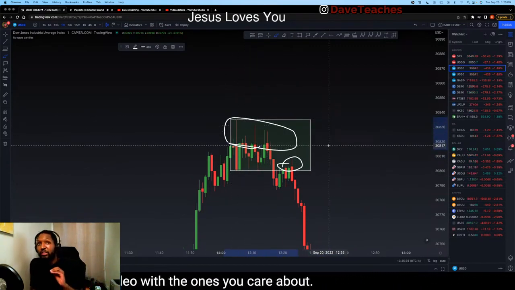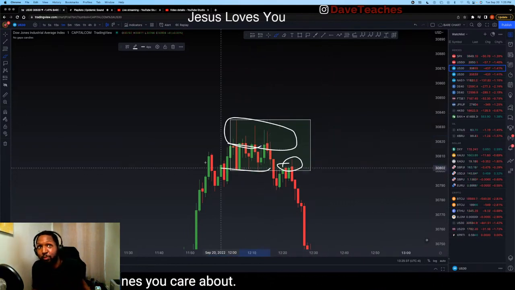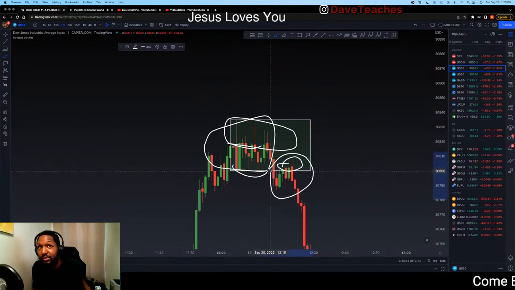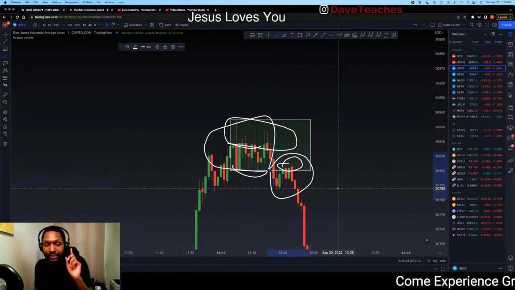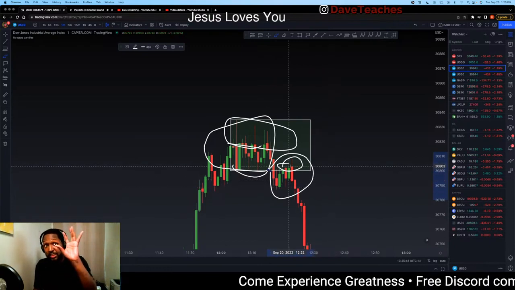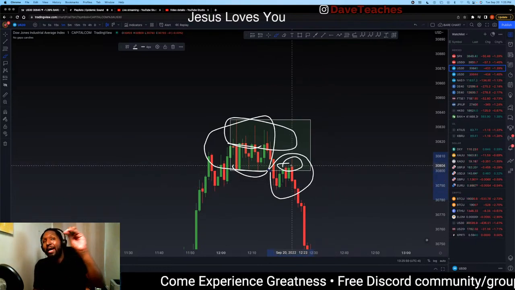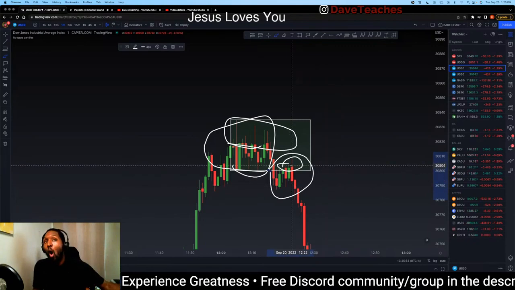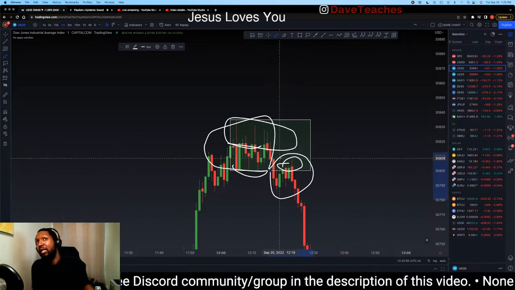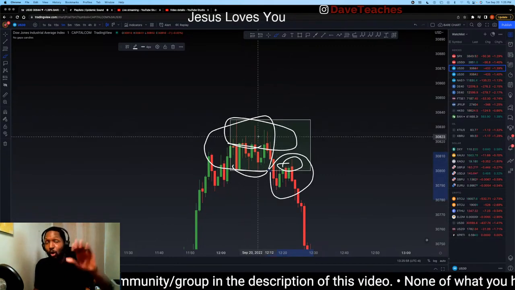What I need you guys to understand is that this breakdown always happens. This test, this confirmation does not always happen. Just this breakdown above alone, that always happens. Always. Even if it's just a single candle mitigation back into the area and then short, that always happens.